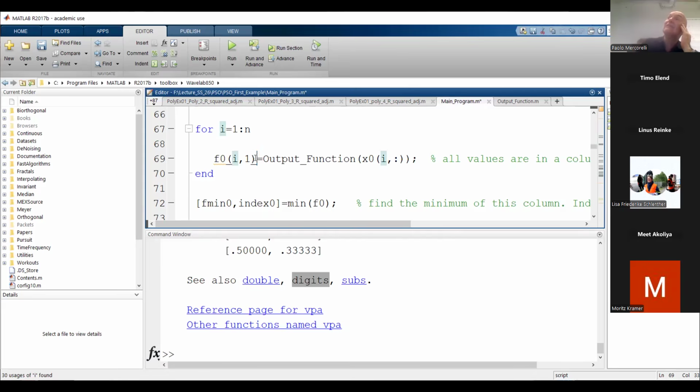And I save it in a vector. Why is it a vector? Because to characterize a matrix, I need I and J, but here J I don't have. This means I calculate the function and put the value which I obtain in a row characterized by the index I. I show you what I intend.